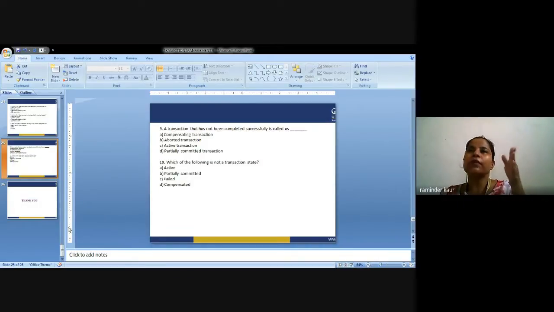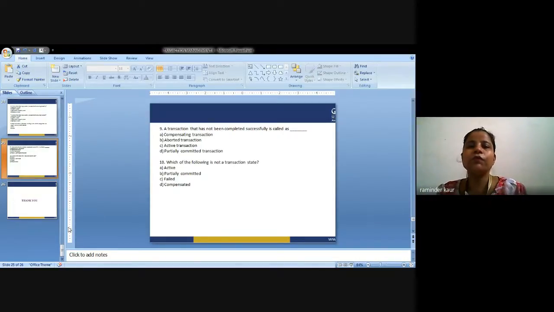The types of transaction that I have covered in the ACID part are concerned with this question: active, partially committed, fully committed, abort, then successful completion of the transaction. So you are supposed to answer this question on the basis of the types of the transaction.